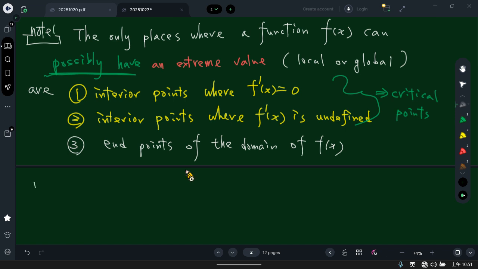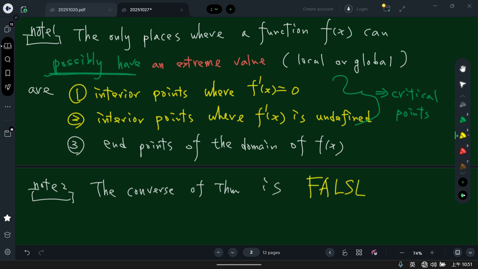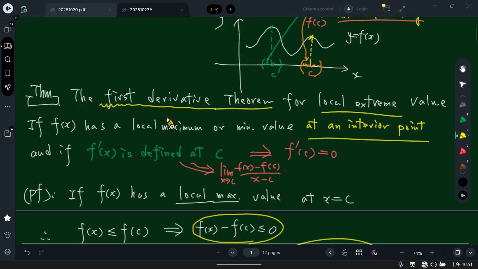And I also want to give you a second note. The second note is the converse of the theorem is false. What's the theorem? This one.